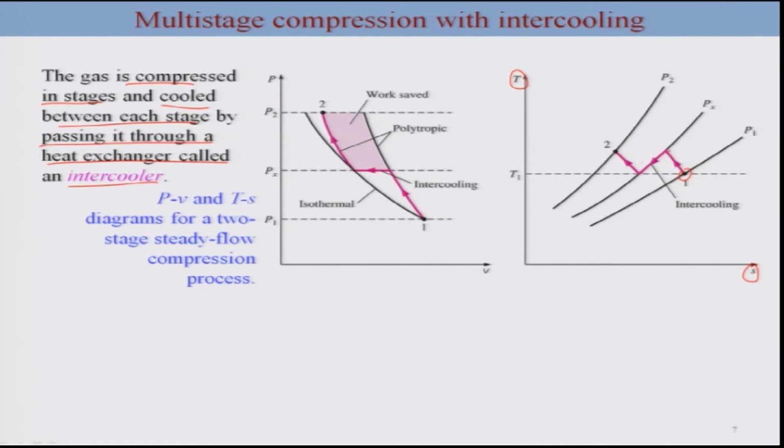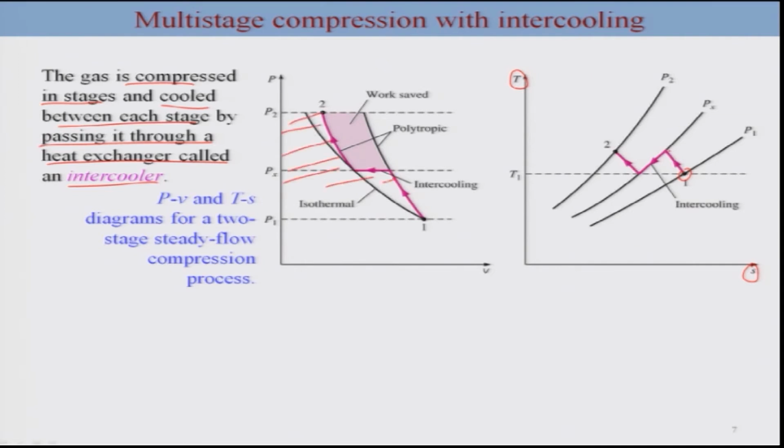This can also be drawn on a PV diagram, where it will be evident that you are on a polytropic process, then you cool at constant pressure, bringing the system close to the isothermal condition, and then you again operate on a polytropic process, and thus the overall area would be this.